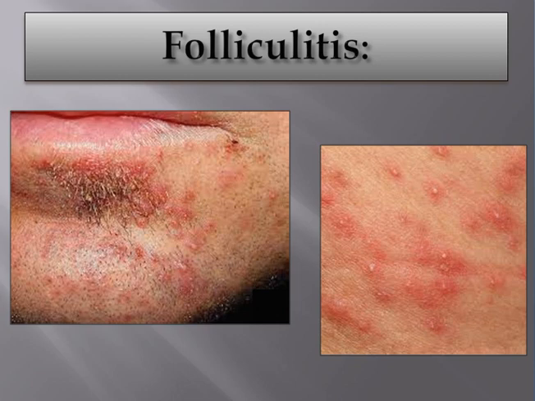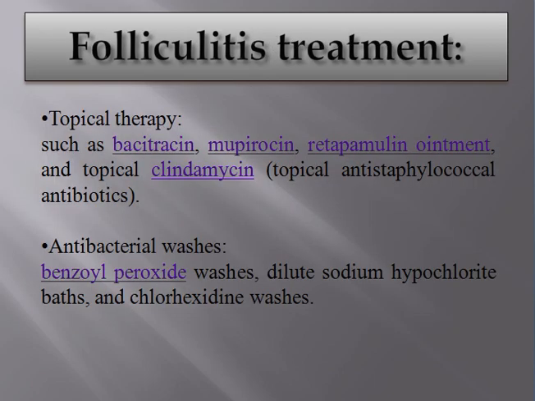Folliculitis may be treated with topical therapy or antibacterial washes. Topical antibiotics such as bacitracin, mupirocin, retapamulin ointment, and topical clindamycin are topical antistaphylococcal antibiotics. In addition to treating the individual pustules, benzoyl peroxide washes, dilute sodium hypochlorite baths, and chlorhexidine washes are antimicrobials that can be helpful to decolonize the skin surface.